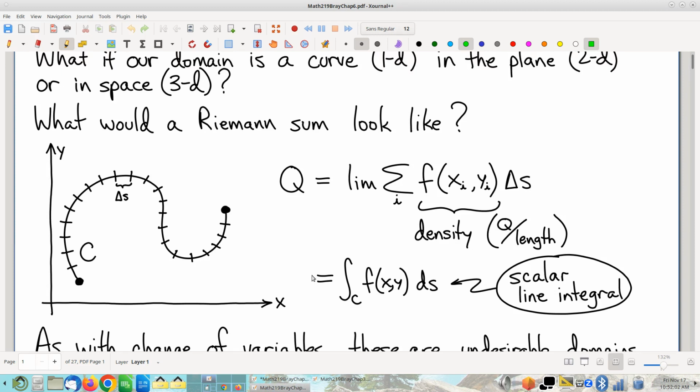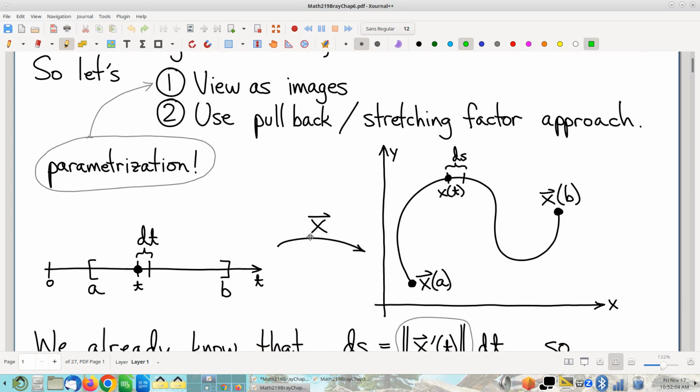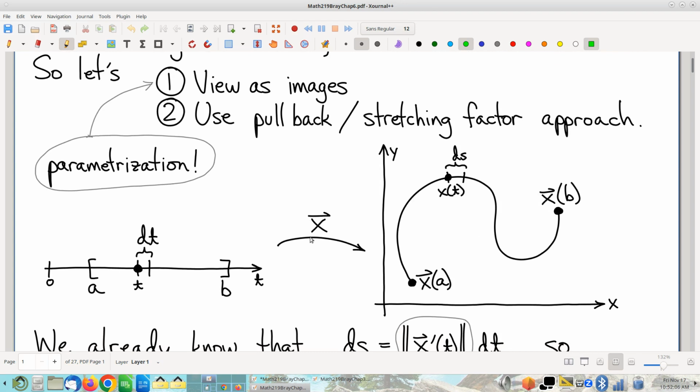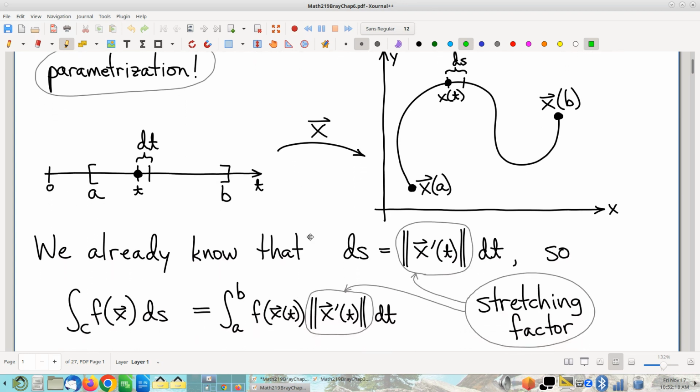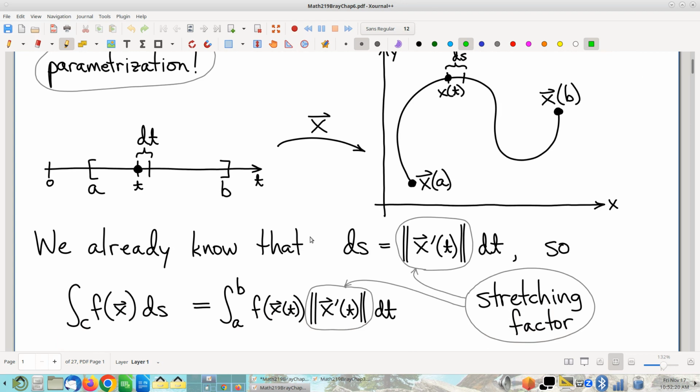And then we made the observation that, oh yeah, we know how to parameterize a curve, and we already have formulas for the ds and the dx vector. We'd already laid groundwork for how to do this kind of stuff. And so it was just a matter of observing what we already knew that allowed us to actually compute this.